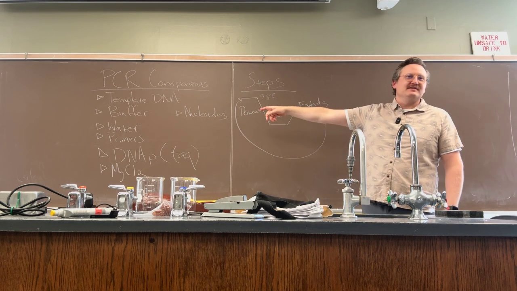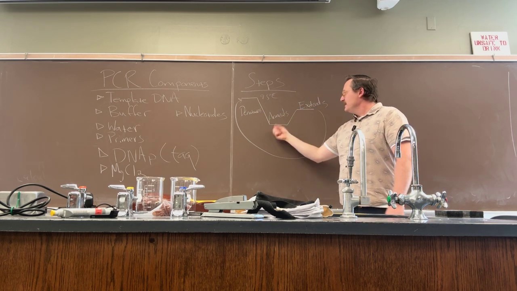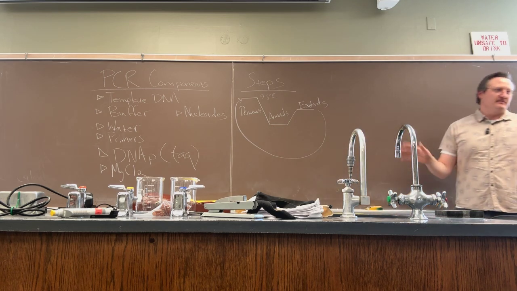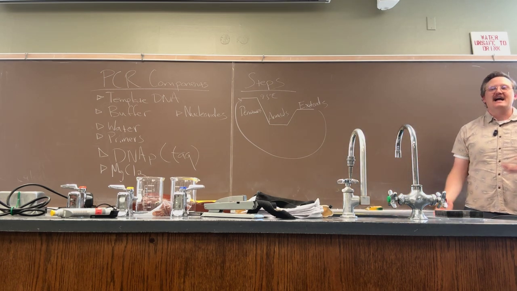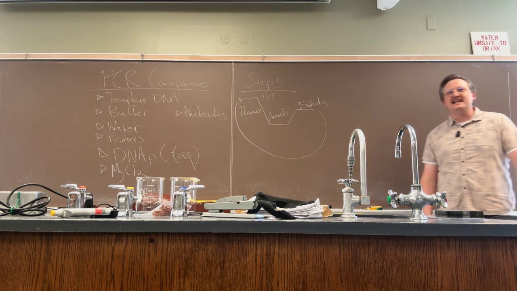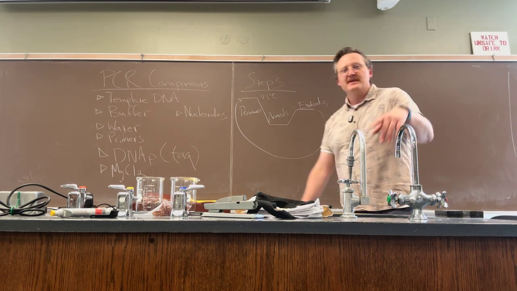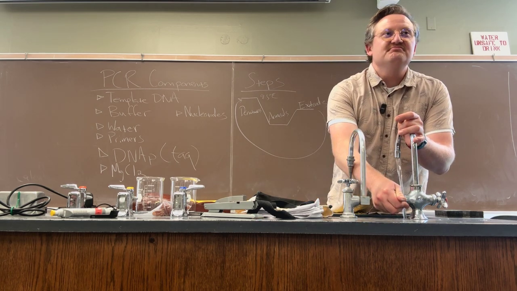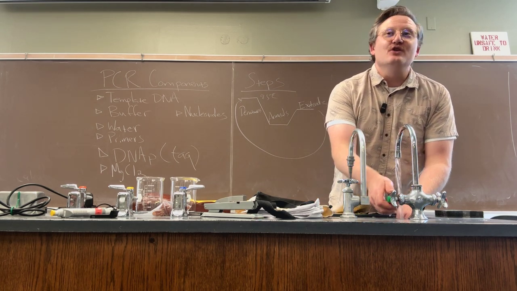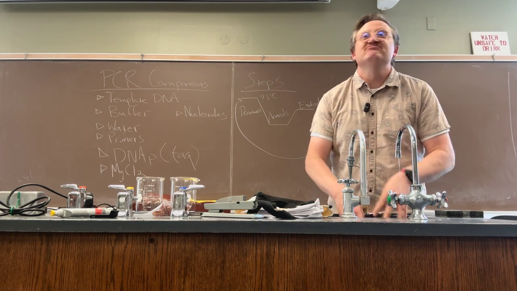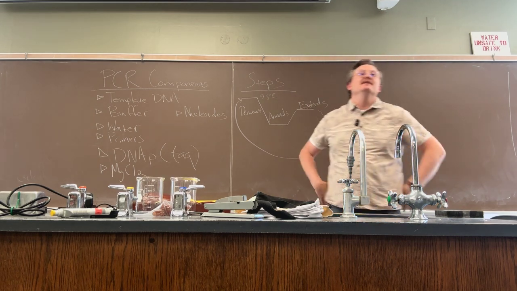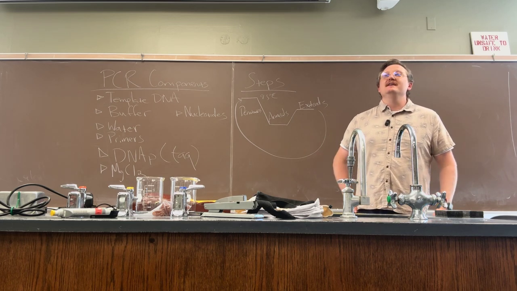So separate the double-stranded DNA into single strands, anneal the primers, and then create the ideal temperature for Taq polymerase to extend the new strand of DNA. And then you repeat. And the specific temperatures, if you need them for your lab final, are in the protocol.